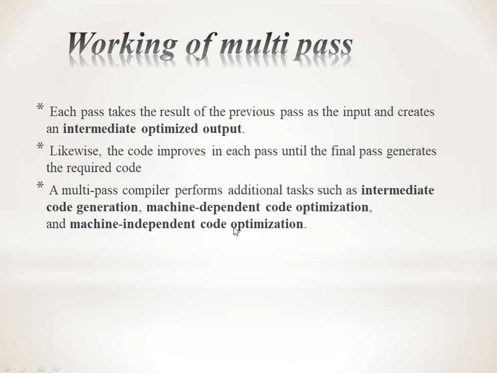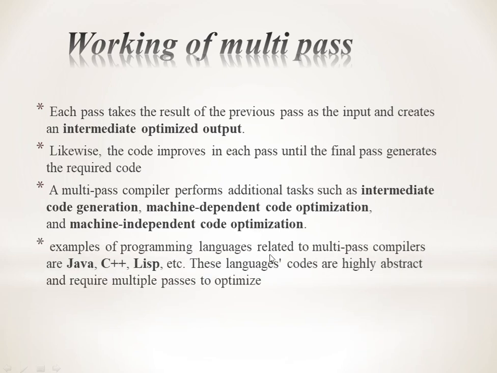Machine independent code optimization. And if we want to design a compiler for the same programming language for different machine systems, in this case we make a different back end for different machines, that is machine dependent code optimization is done in the multi-pass.